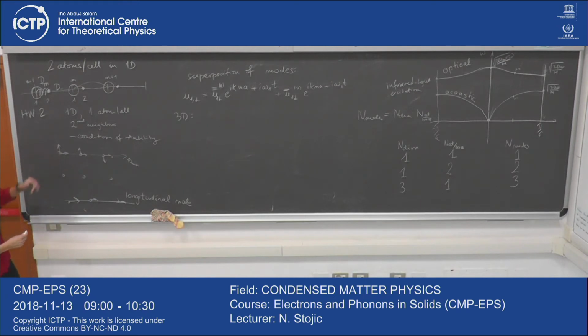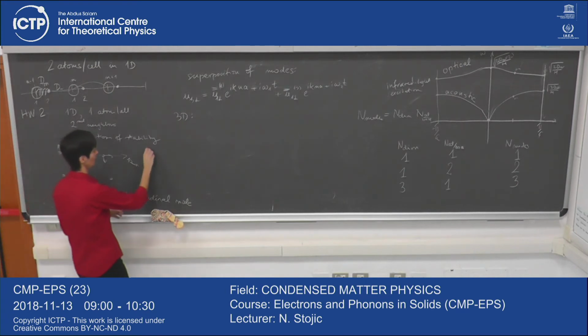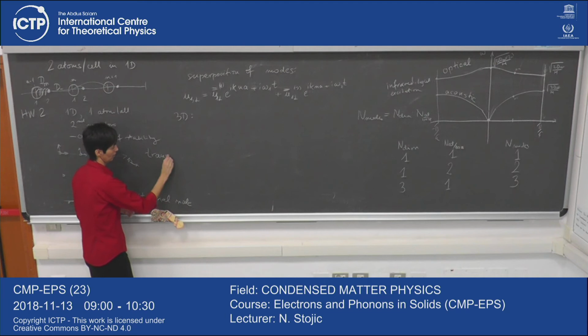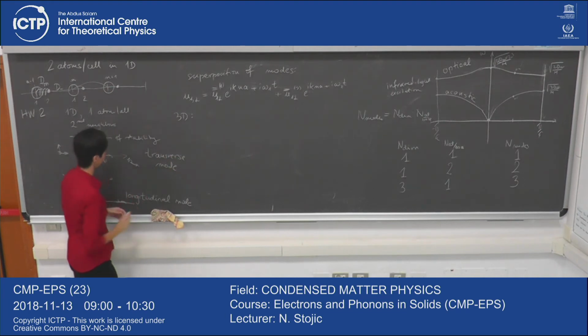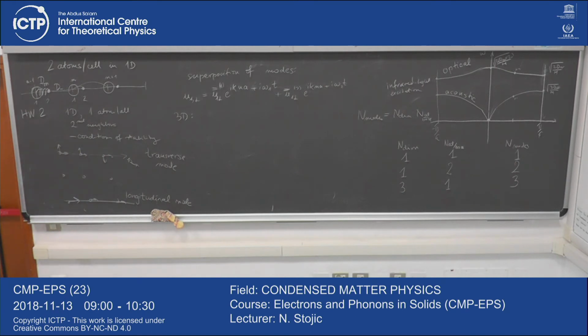The other one, where the displacements are perpendicular to the direction of propagation, is called transverse. So in the 2D case, we can have one type, optical and acoustic, with one atom per cell. And how many transverse modes?